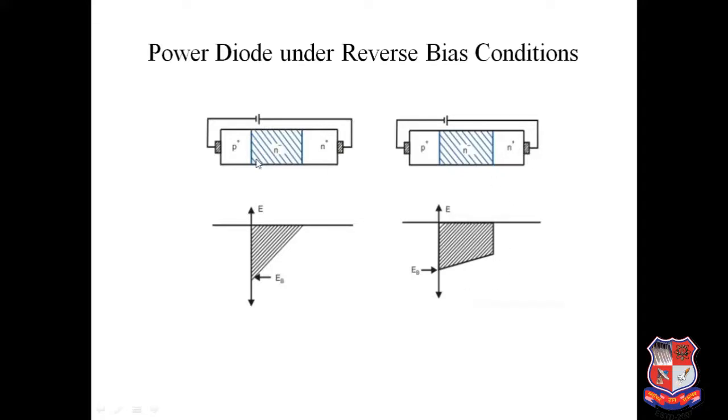So in the non-punch through, the depletion layer boundary of the drift region does not touch the N plus region, and in the second one it expands across the drift region up to the N plus. In punch through diodes, the depletion layer spans the entire drift region.